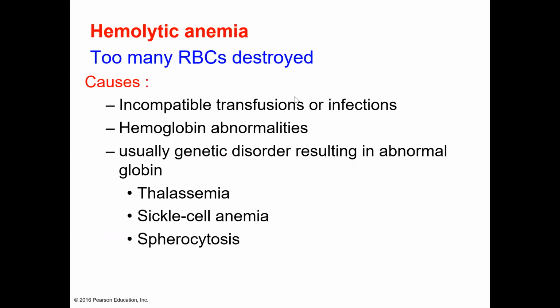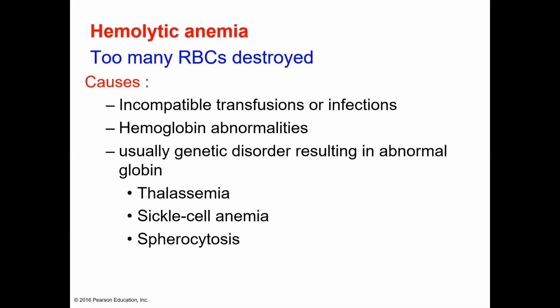Hemolytic anemia, we mentioned that, and this is due to excessive red blood cell destruction. There are many causes for that. First, a big one is incompatible transfusion or infection. Like somebody got the wrong blood group, and then his blood will be destroyed, and that can lead to anemia.